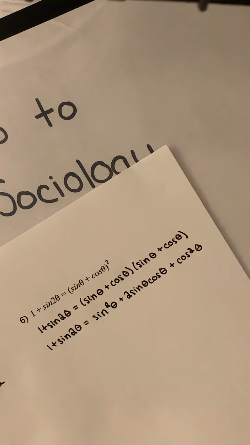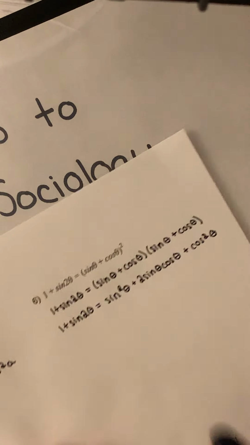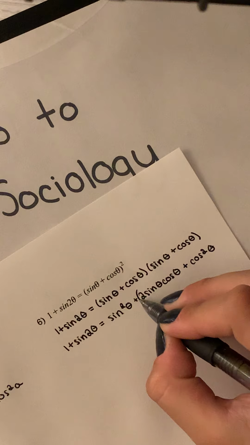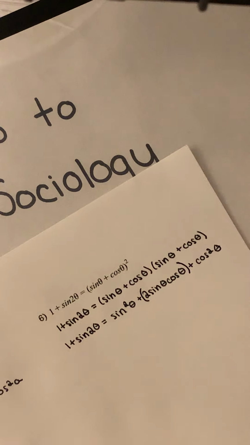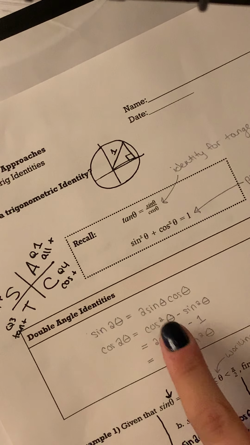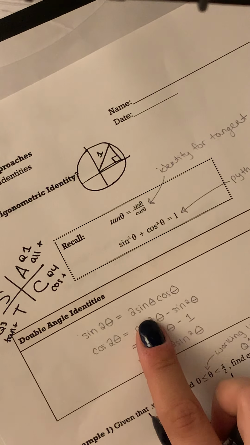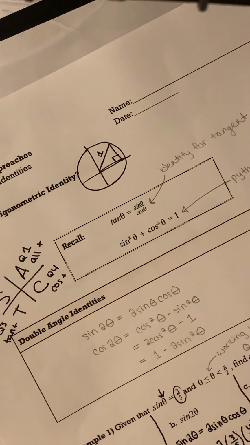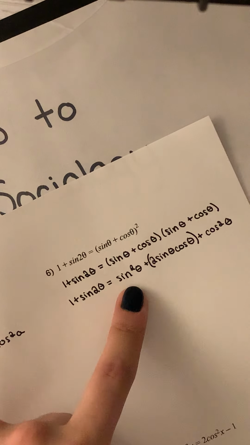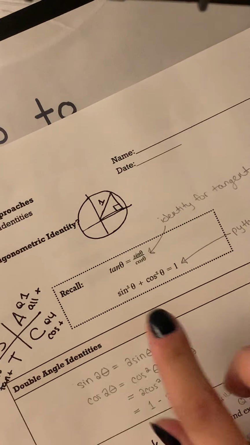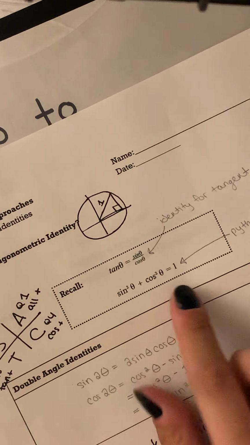Looking at what we can simplify here, we see that this term right here, our 2 sine theta cosine theta, is one that matches our sine double angle identity. We also see that the leftover terms of sine squared theta and cosine squared theta match our Pythagorean identity, and those 2 terms will give us 1.